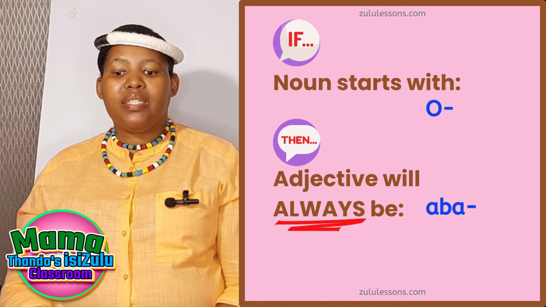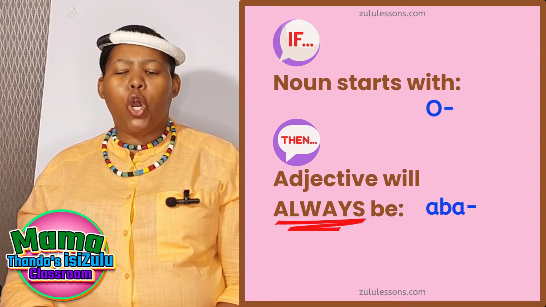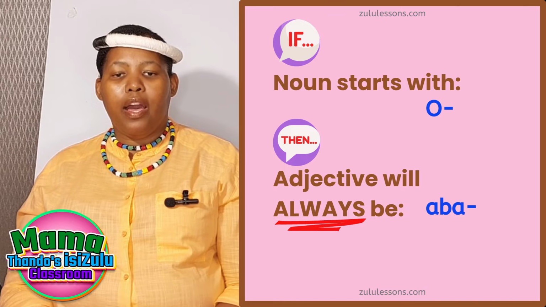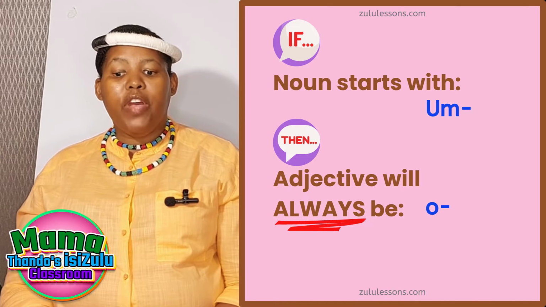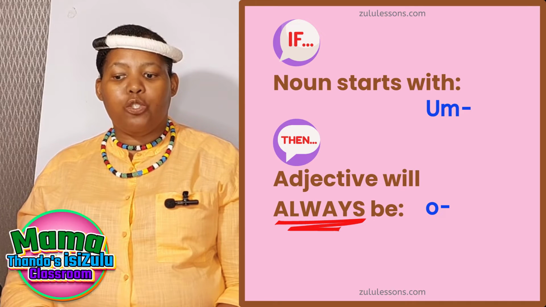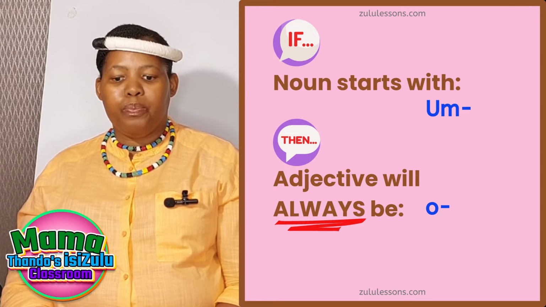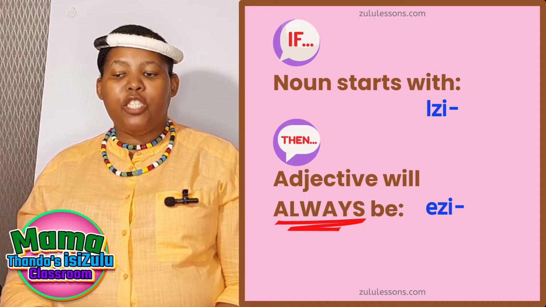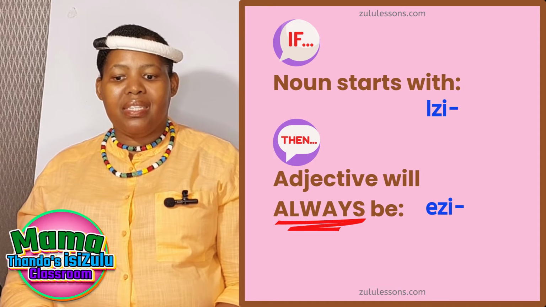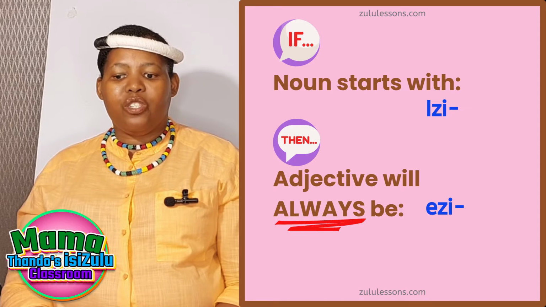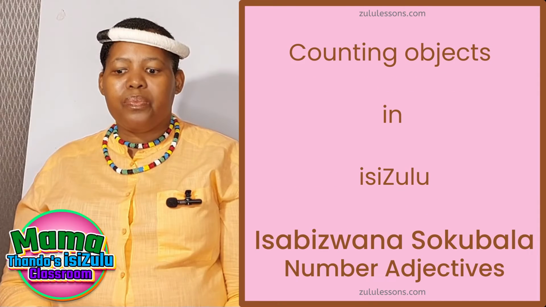If a word starts with o, then its adjective will always start with aba. If a word starts with, then its adjective will always start with o.